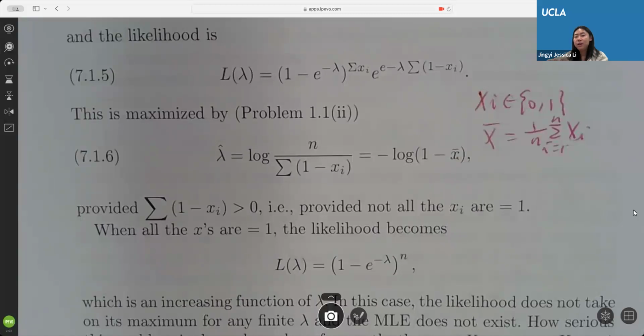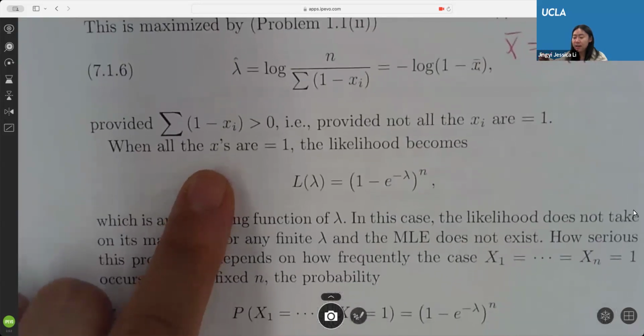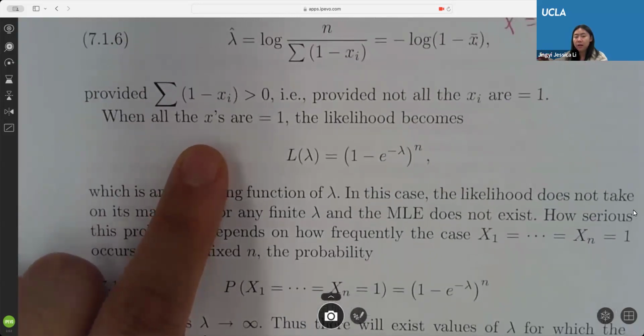Because you only observe whether y is positive, and there's no way for you to know where exactly lambda is, because all these xi's being ones could correspond to yi's that are positive but small, or positive but large. There's no way for you to know exactly. So this is the case where the MLE is undefined.